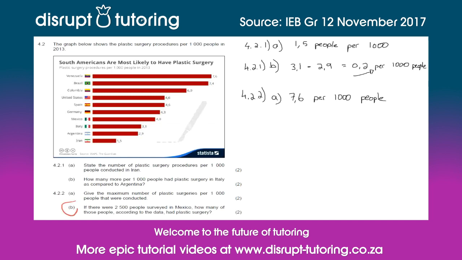And then on to B, it says there were 2,500 people surveyed in Mexico. So how many of those people, according to the data, had plastic surgery? So you can find Mexico on this graph, and it says that it's 4 in every 1,000 people have plastic surgery. So for B, we know that it's 4 out of 1,000 have plastic surgery.